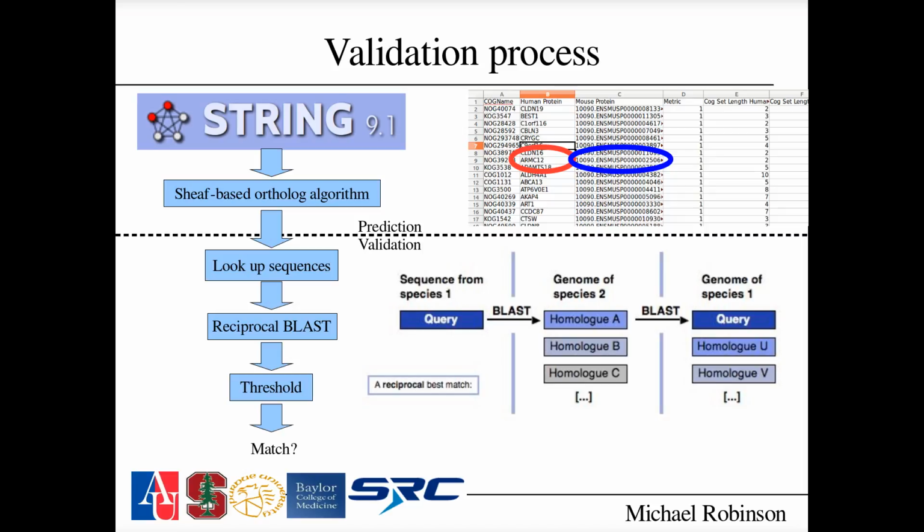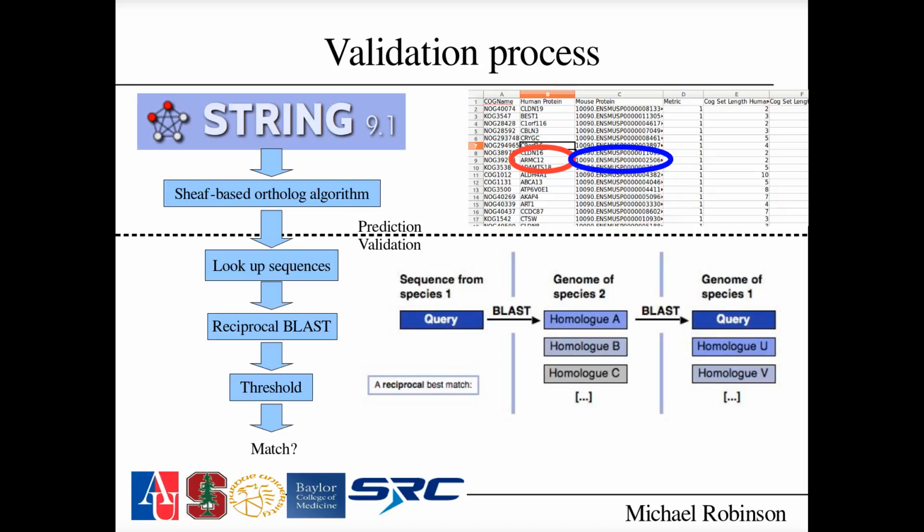And does that one predict the first one? If each of these proteins pick each other as being related to one another, then we say, yep, that's a match. And so we essentially ask for this to happen either in the top first one, as in you pick your best friend and your best friend picks you, or at least you got to be in the top n of each. Okay, so that's the validation process.